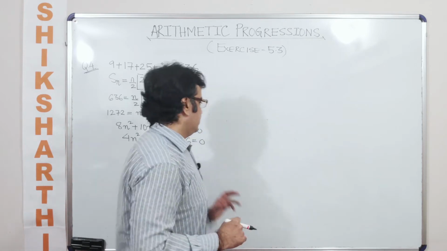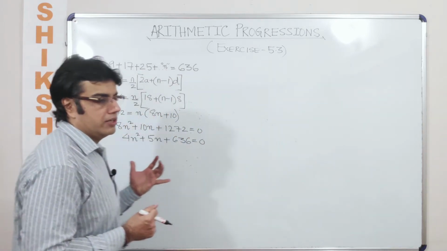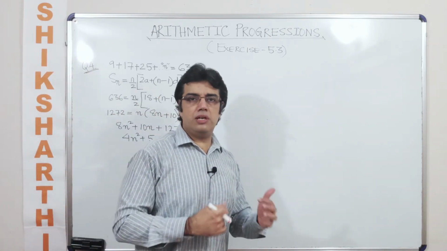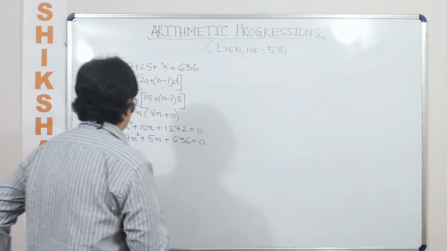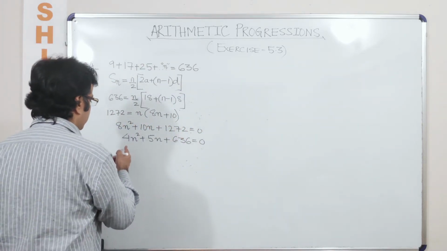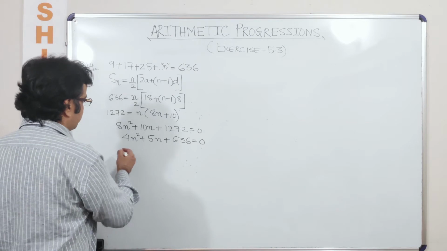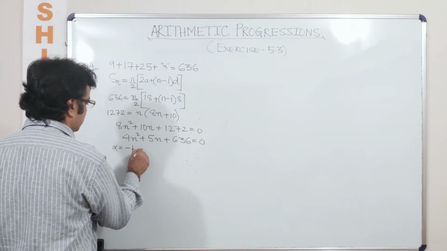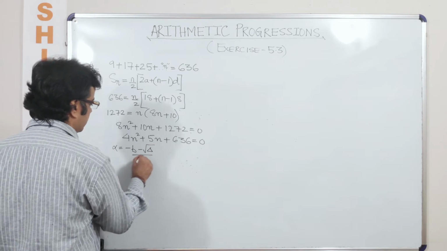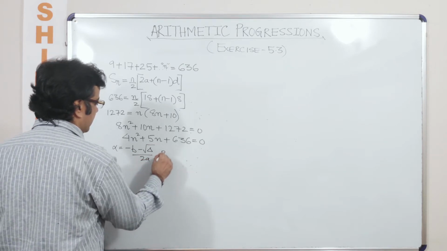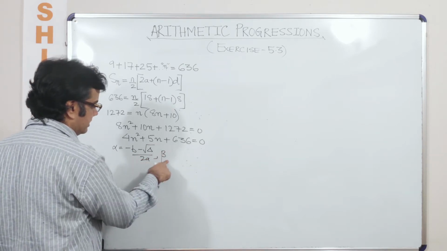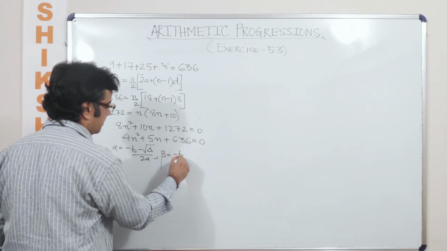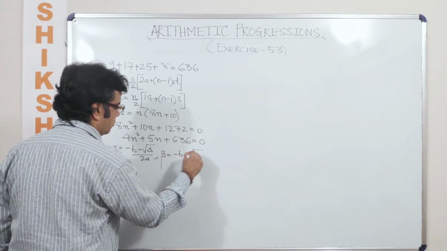So what do we need to do? We just need to use the formula for quadratic equations, finding out the real roots. We already have the formula wherein alpha is equal to minus b minus root delta upon 2a, and beta, let's say alpha is one of the roots and beta is another root, is equal to minus b plus root delta upon 2a.